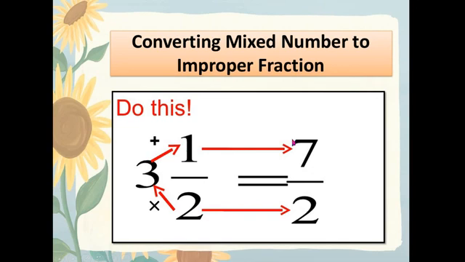So that number 7 is the numerator of the improper fraction. And the denominator of the mixed number is also the denominator of the improper fraction. We change the mixed number 3 and 1 over 2. The answer is 7 over 2.